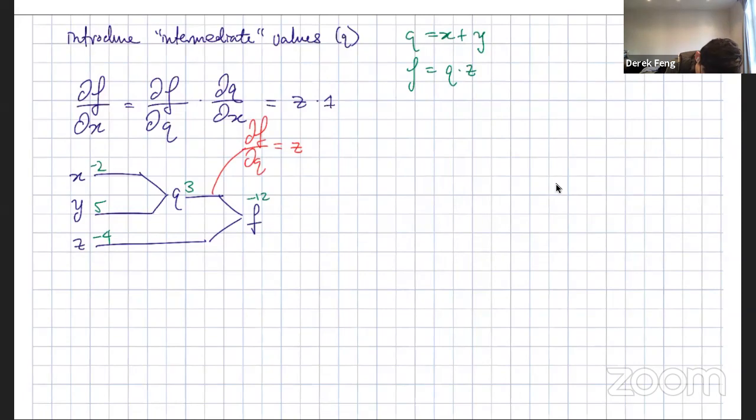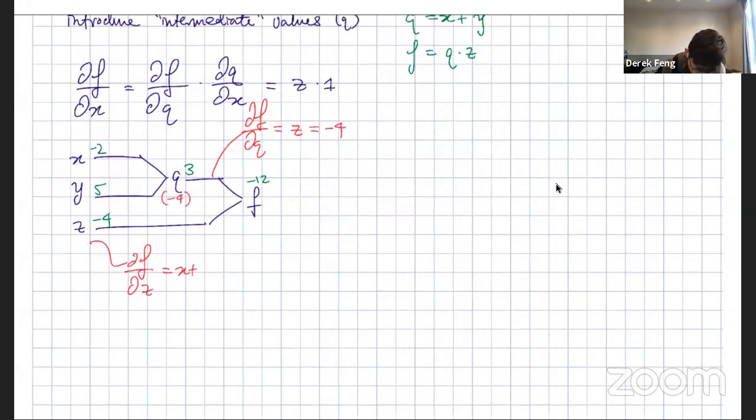So I'm just going to write -4 here to denote the partial of f with respect to q. The same way here, df by dz is just q. It's going to be 3.